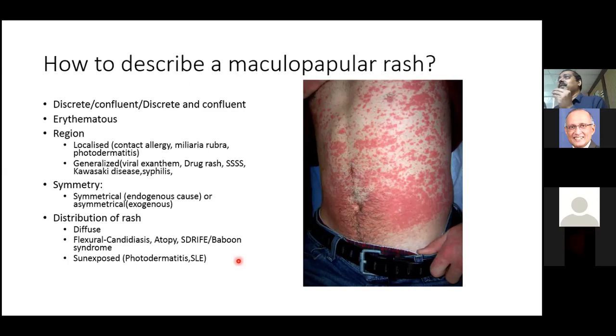So make sure that cleanliness is done, but overt cleanliness is likely to cause more problems, so that has to be emphasized. Intertrigo occurs because there is a break in the continuity, a break in the groin fold or a break in the skin.